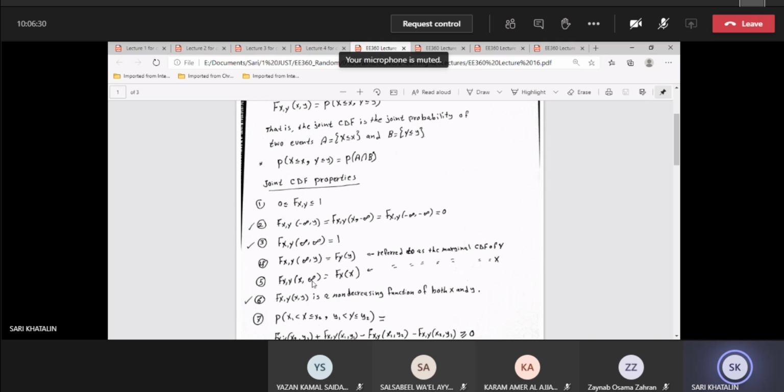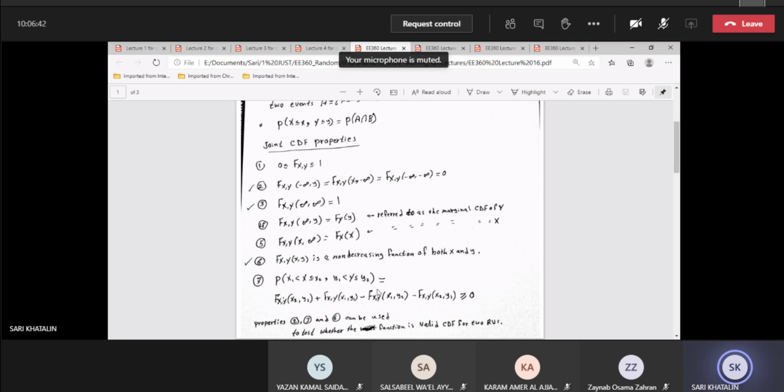Similarly, when y goes to infinity, the joint CDF reduces to the marginal CDF of x. We're going to talk about this some more in a minute. Also, the joint CDF of x and y is a non-decreasing function of both x and y. Both of them increase; they do not decrease at all.